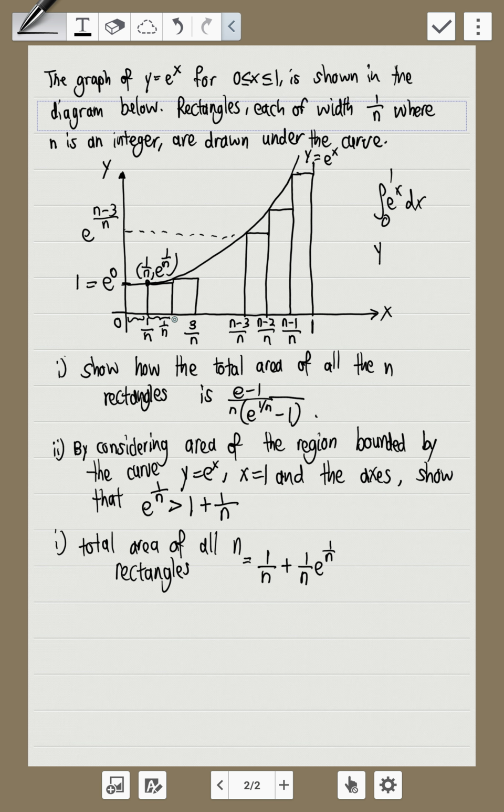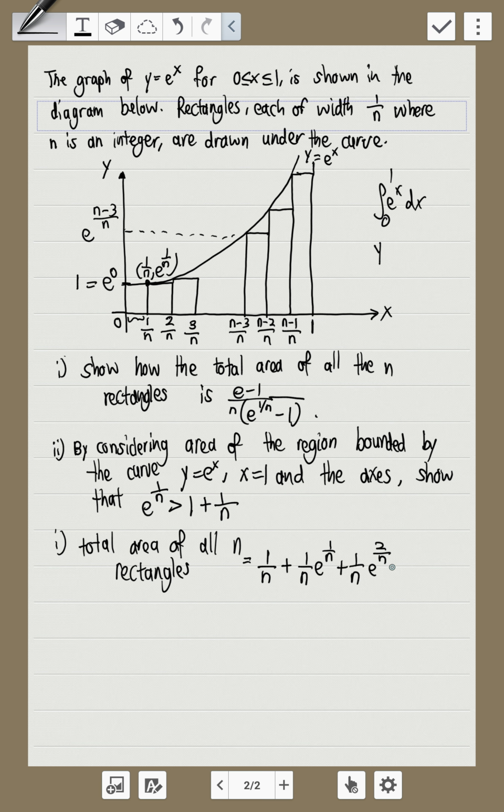And what would this coordinate be? This coordinate will be 2 over n. So the third rectangle would be plus 1 over n, the length here, times the height, which is e^(2/n). And then finally, the last rectangle. What is the height of the last rectangle?